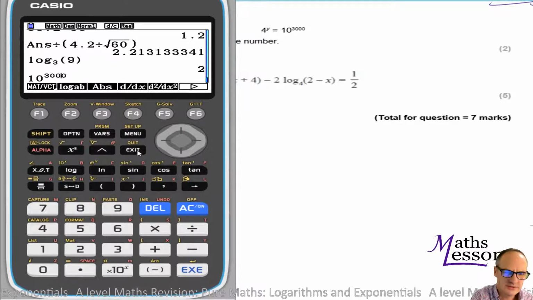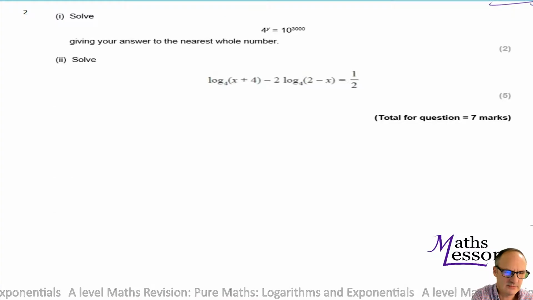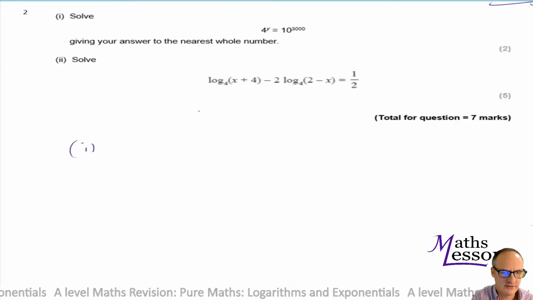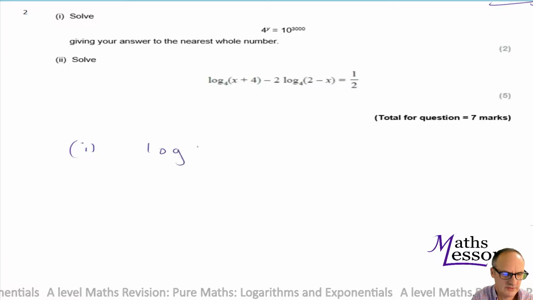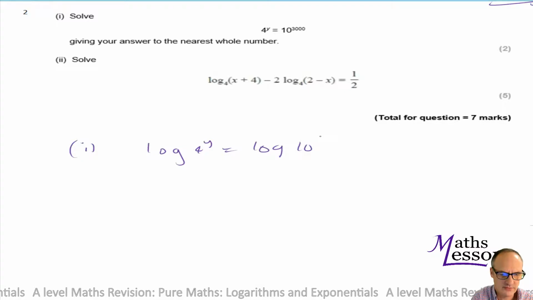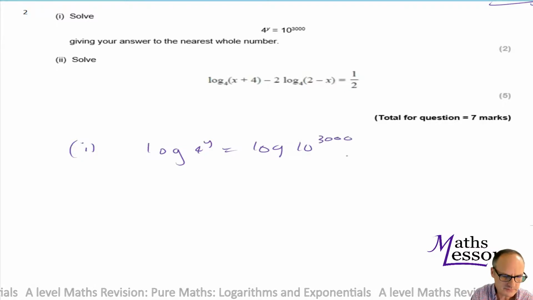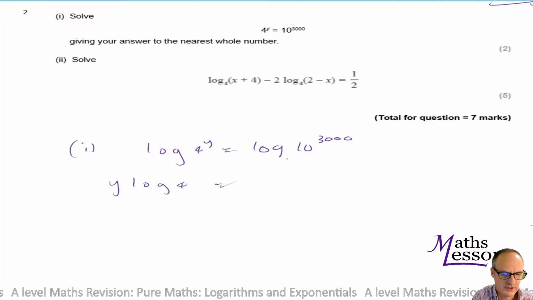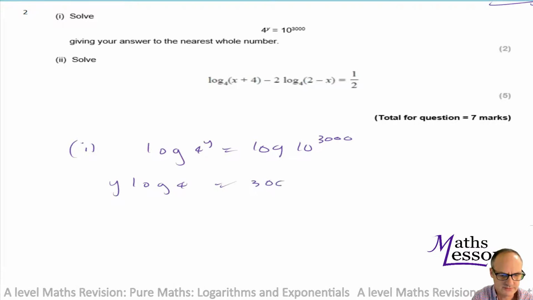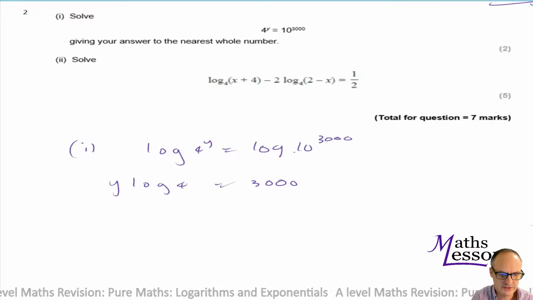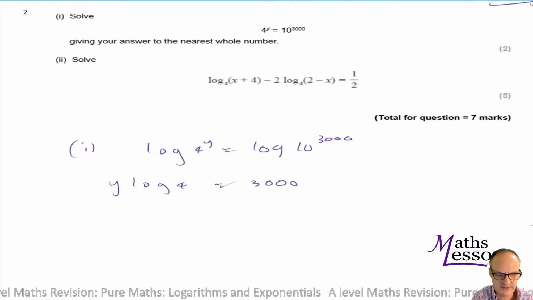So the way that was probably deliberate of them is the fact the calculator can't do it. So you're going to have to do it the old-fashioned way of log 4^y equals log 10^3000. And then what you can do is you can bring down the y log 4, and you can bring down the 3000. And log of 10 just undoes the 10, so you just get 3000 on this side.